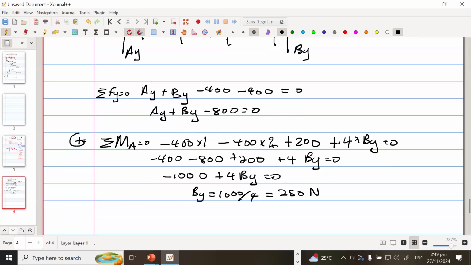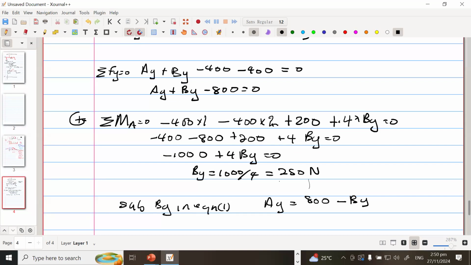Therefore, I'm going to substitute that value of BY in equation 1. That gives me that AY is equal to 800 minus BY. Doing that, I get 800 minus 250, which is 550 newtons.